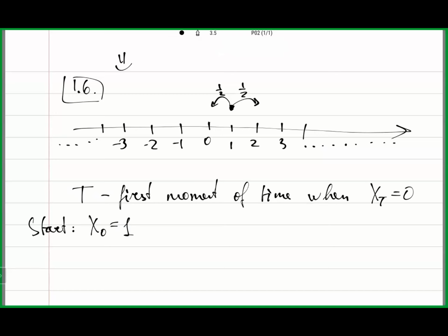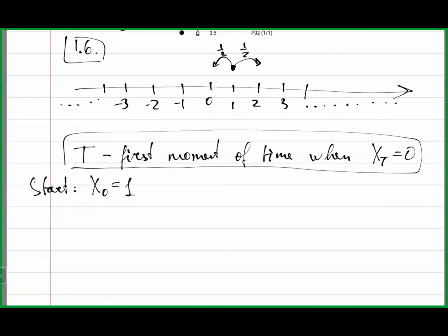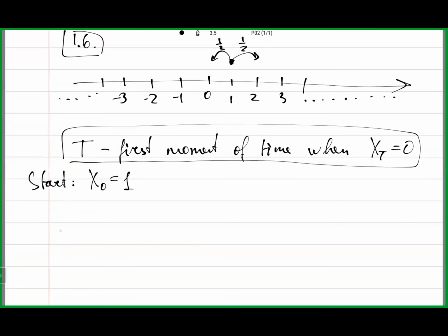And every moment of time, he either jumps to the left or jumps to the right. So we are interested in the random moment of time when he will reach 0. And we are interested to calculate all probabilities. So the problem is to calculate all probabilities that t is equal to k.